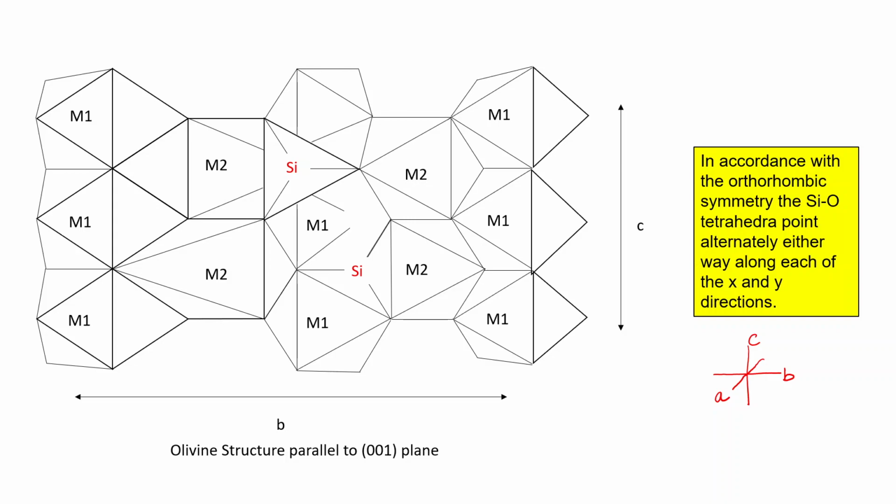So if you look at this plane parallel to 001, it means that we are looking at the structure in such a way that the surface is being intersected by C axis while it is running parallel to A and B axis. So if you look from the top, this is C, this is A and this is B. So if you look from the top, you will see such a structure.